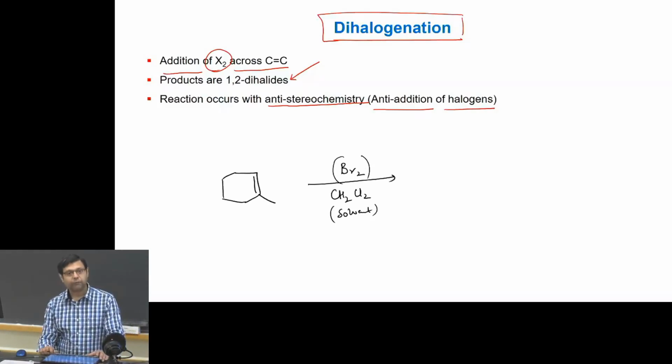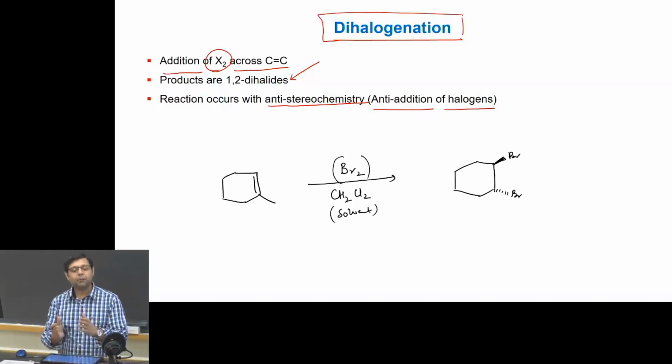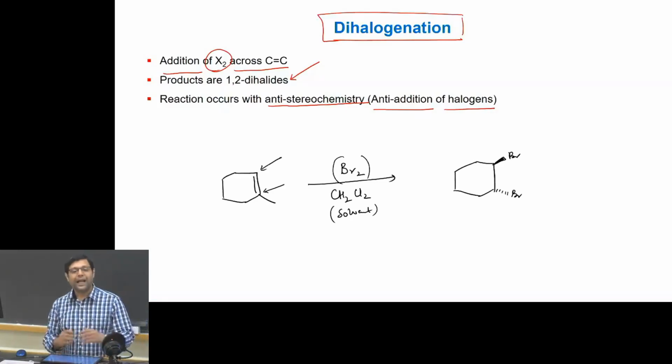Now the product, when I say anti-addition, it means one bromine is up at one of the double bonded carbons, the other bromine is down. Anti means opposite side. So you have anti-addition of the halogen. You are adding bromine to each of the double bonded carbons.